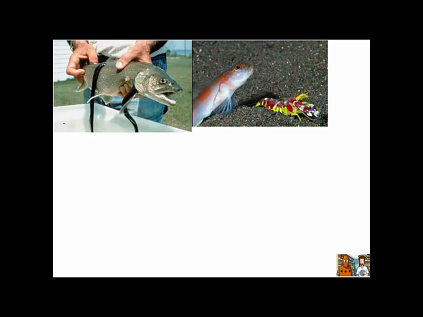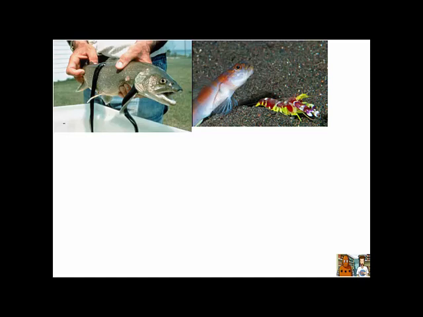So this is a goby fish and this shrimp that live together. They dig a little burrow in the sand at the bottom of the water, and they live together down there. It's kind of interesting in that the shrimp digs out the burrow that they both live in, but the shrimp is blind and can't see.